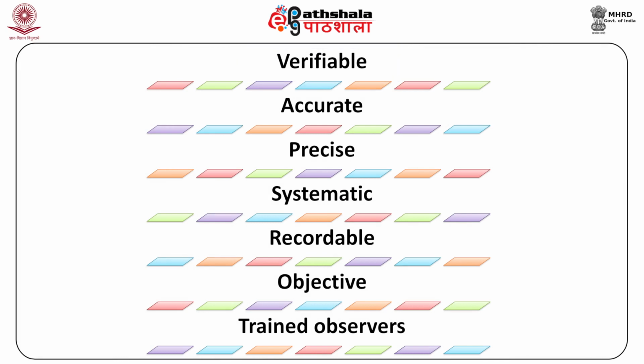Scientific observation is accurate, that is, facts are described as they are without any extrapolation. Scientific observation is precise, that is, the observer precisely refers to the measurement or the degree. Scientific observation is systematic. Scientific observation is recordable.